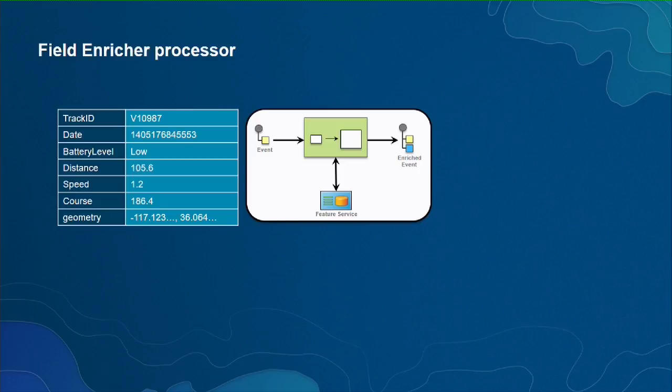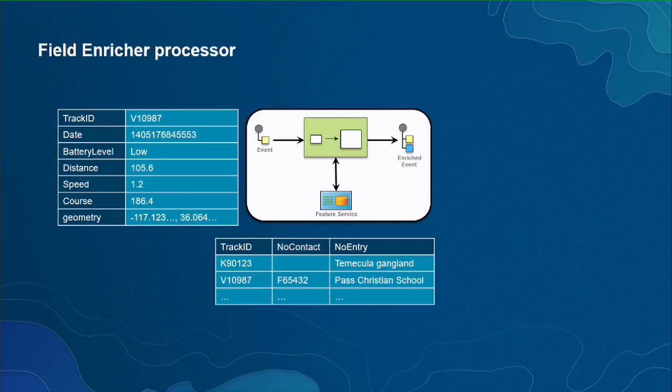So here you see I have a track ID, a date, and battery level. I'm maybe monitoring an ankle bracelet. And I have a secondary source that has information on who the first track ID is not allowed to contact, if for some reason I want to make sure that one person doesn't come in contact with another individual. So the attribute join occurs on the track ID.